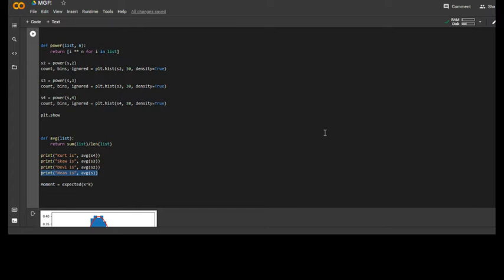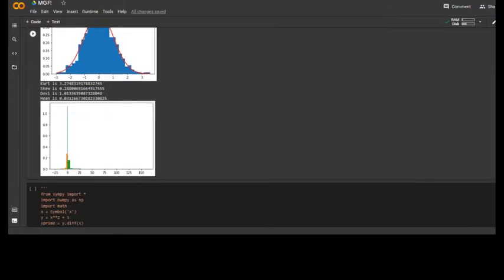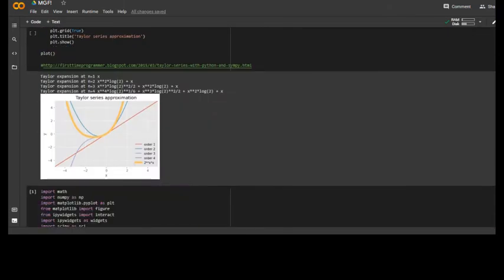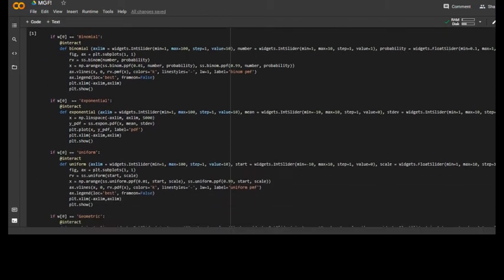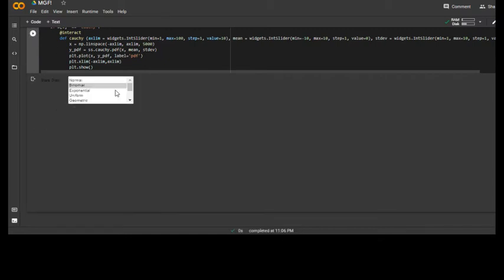Graphically, all that's saying is you're just shifting by a certain amount. So for example, here, let me go to the normal distribution.